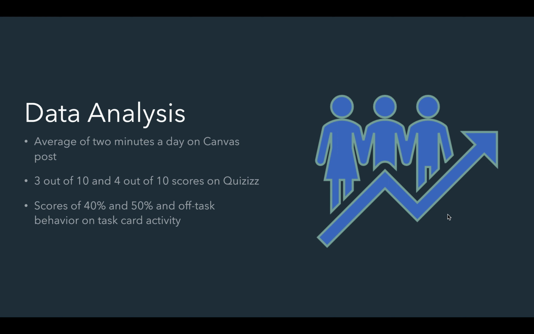This information alerted the designer to the fact that the students may not understand the content being taught. Finally, after analyzing the two students' low scores, 40% and 50%, and off-task behavior during the task card activity, the designer knew that adjustments to the course would need to be made in order to help these students succeed.